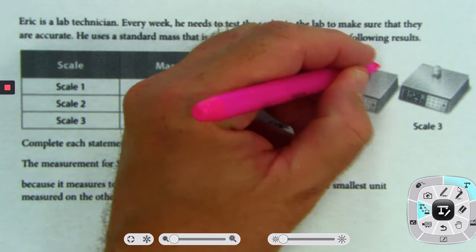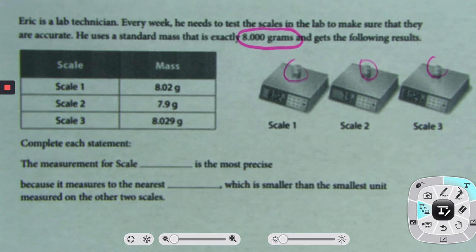That weight weighs that amount, never changes because it's an actual weight. Here it is. He's going to set that weight on each scale. And when he does, he's going to check and see, okay, what is the measurement for this and how accurate is it, how far is it off? Now, just based on what we've talked about, let's first talk about precision.